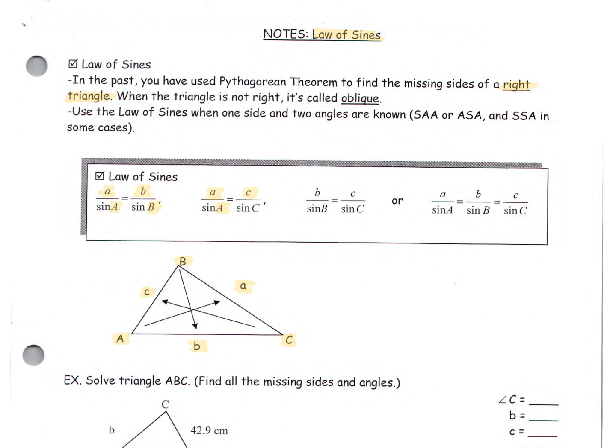So it's the length of a side over the sine of the angle opposite it. And you can combine A with B, A with C, or the other combination is B with C.